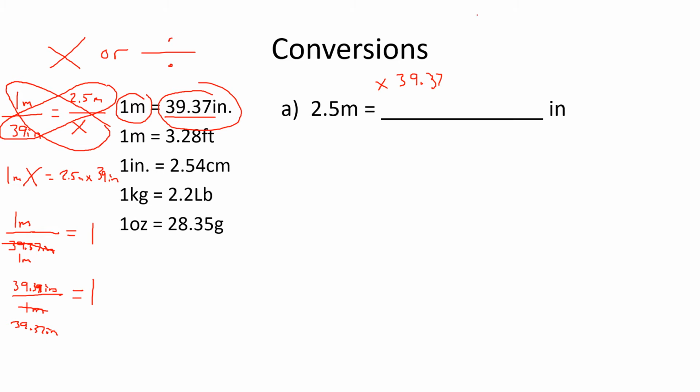So what I do is I take my units in question, put it over 1. That's just a placeholder. And the version I'm going to use of my conversion factor, these units here tell me what units I want at the bottom because they need to cancel out. So for every 1 meter, there are 39.37 inches. Do you guys know how to multiply fractions?